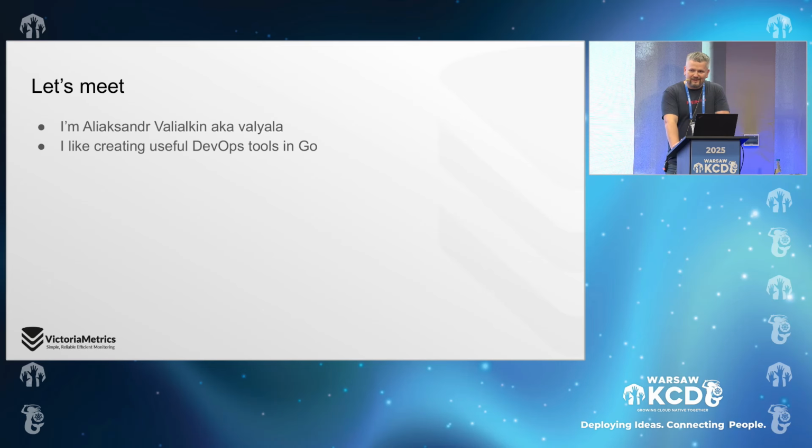And I like creating useful tools for DevOps, and I like creating these tools in Go, because I believe that Go is the best programming language for creating DevOps tools. And also I hate complexity and over-engineering.